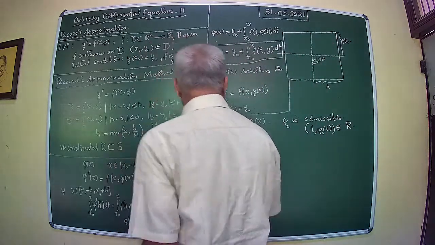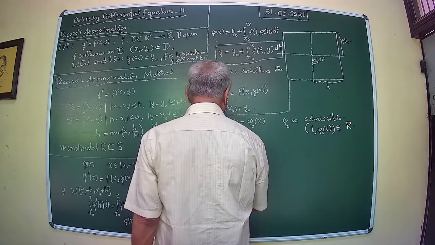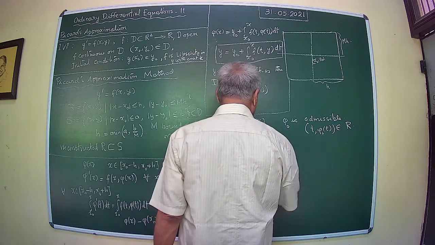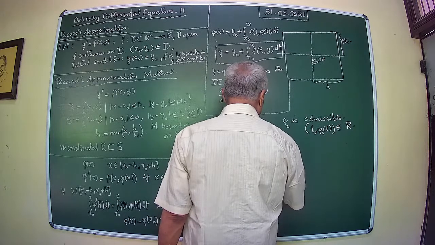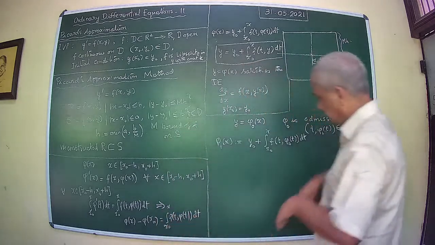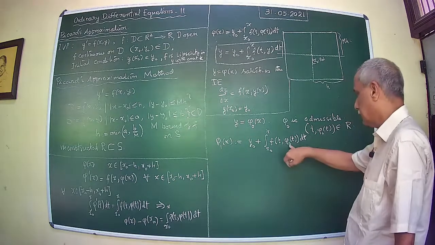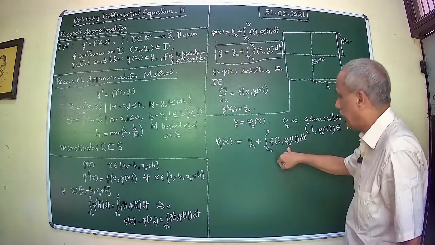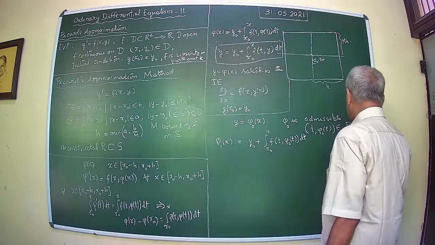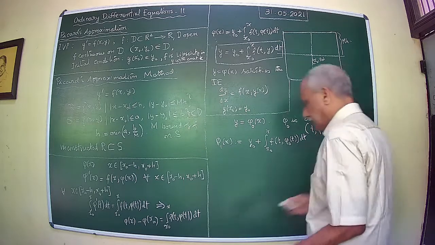Now we will just define, so we construct a new function phi 1, okay, starting from phi naught. Now one choice for phi naught that is usually taken is phi naught x is taken identically equal to the constant function y naught.